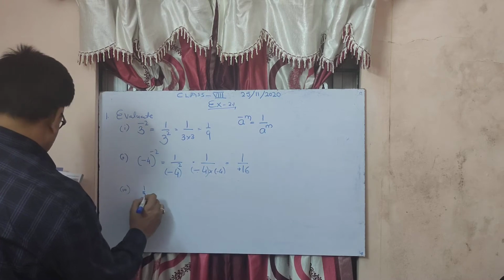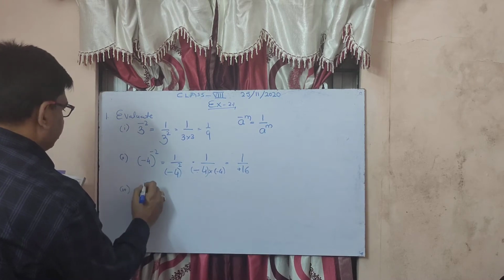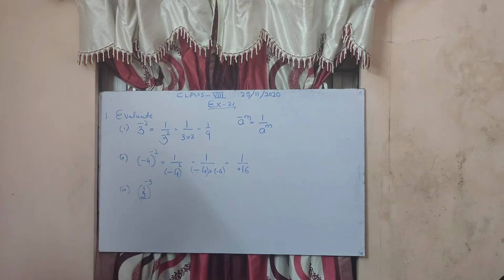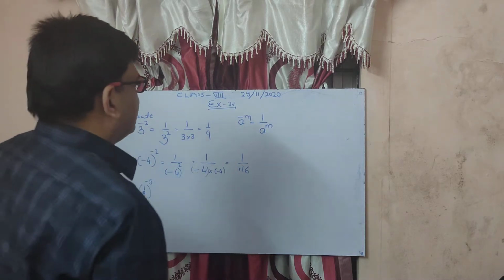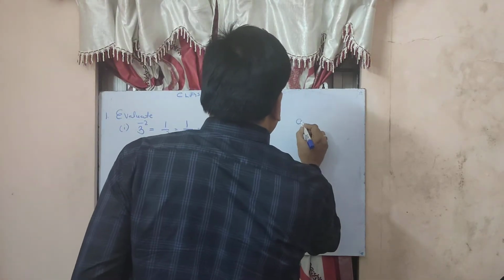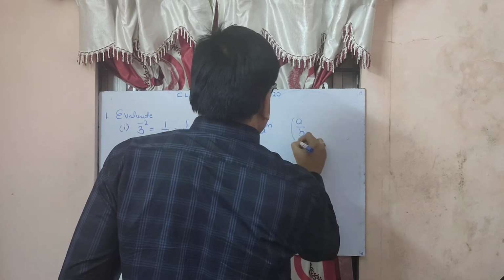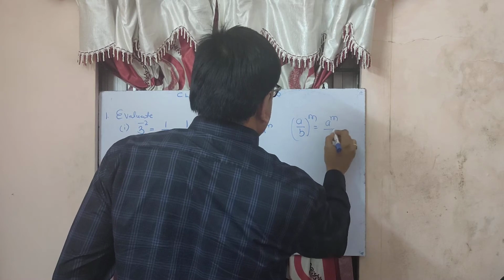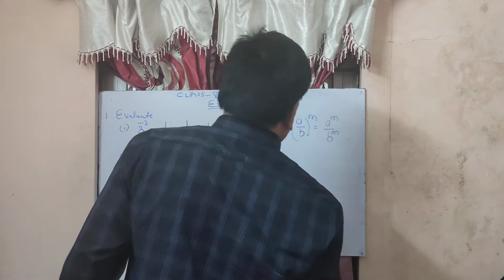1 upon 2 to the power minus 5. Now here you might have seen another formula, that is a upon b to the power m is equal to a to the power m upon b to the power m.